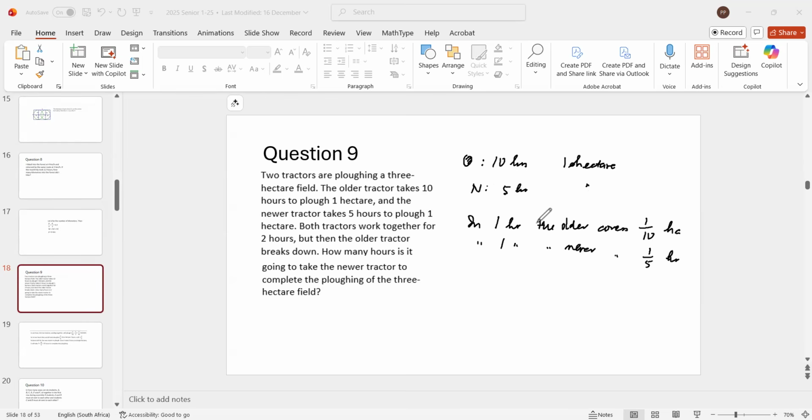Why do we do this? Because they're working together now. So working together, you can see they are going to do 1/10 plus 1/5 in 1 hour.